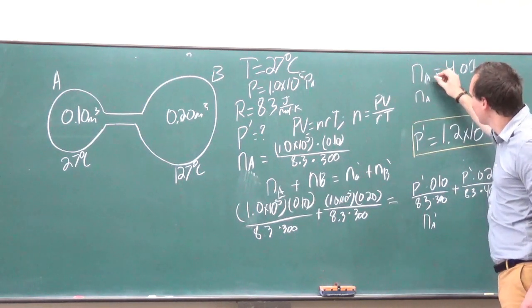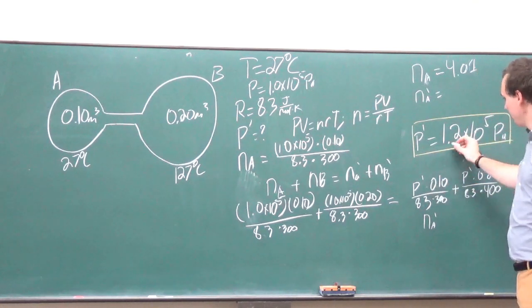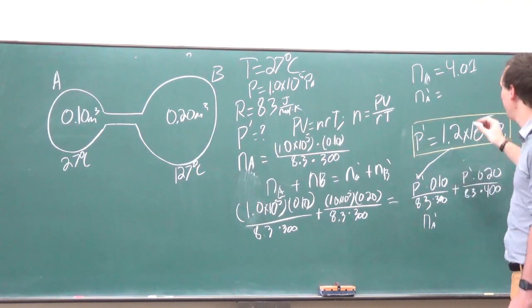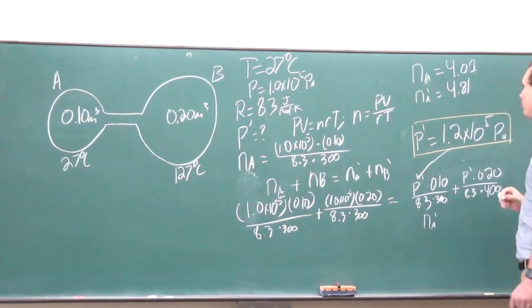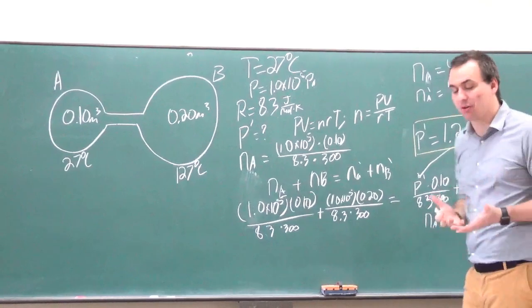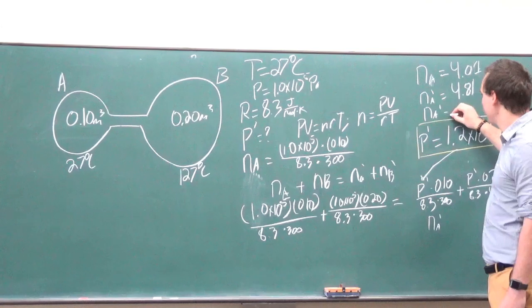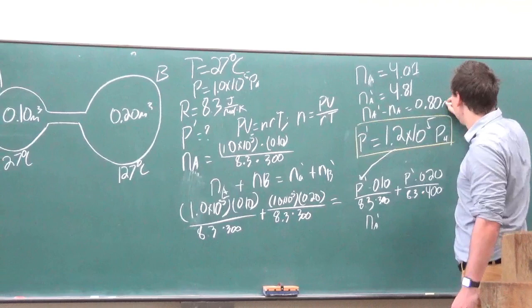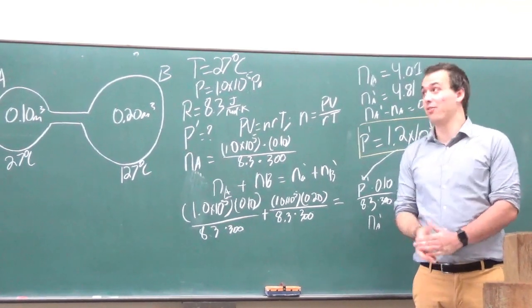And all we have to do is now we have the pressure. Put that pressure in. 4.81 moles. To find out how many molecules moved, we just have to subtract. Na prime minus Na equals 0.80 moles. And that is how you solve problem 38.